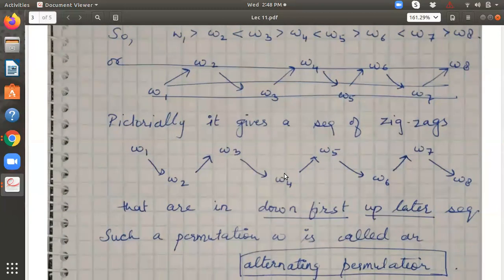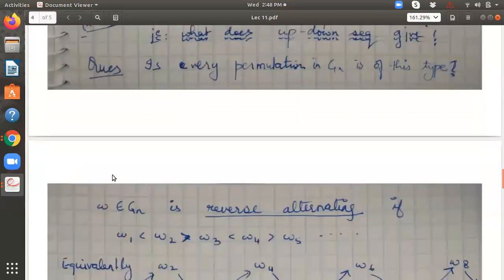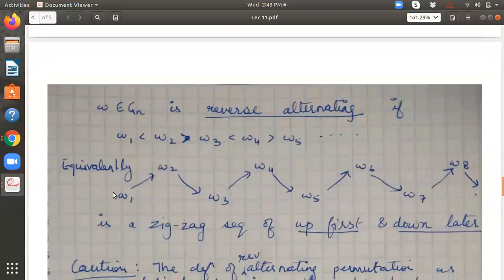Yes. Correct. So a sequence is alternating if and only if n plus 1 minus these numbers is reverse alternating. To the negative of this entire thing, you add n plus 1, this becomes reverse alternating, and this becomes alternating.